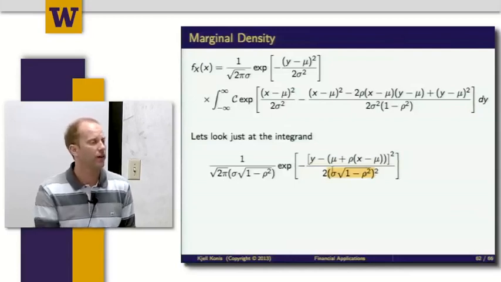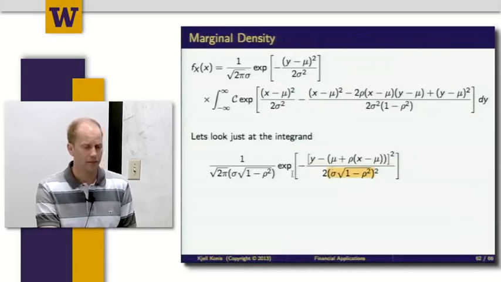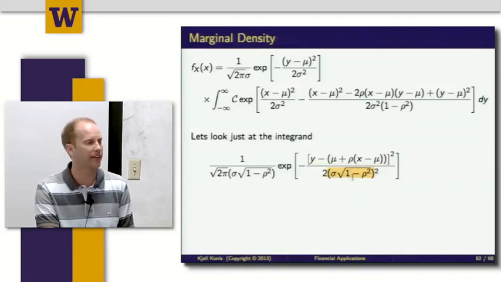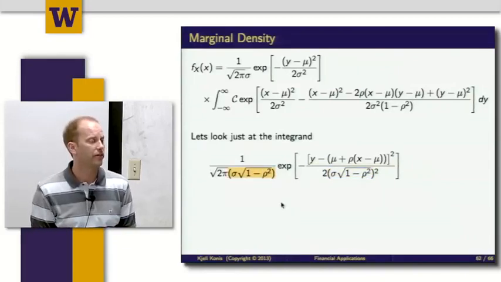And if you think back to what the normal density function looked like, in the original one, this was called sigma. I just had a 2 sigma squared over in the exponential part of the function, and I had a 1 over the square root of 2 pi times sigma. So this is just a new value for sigma.